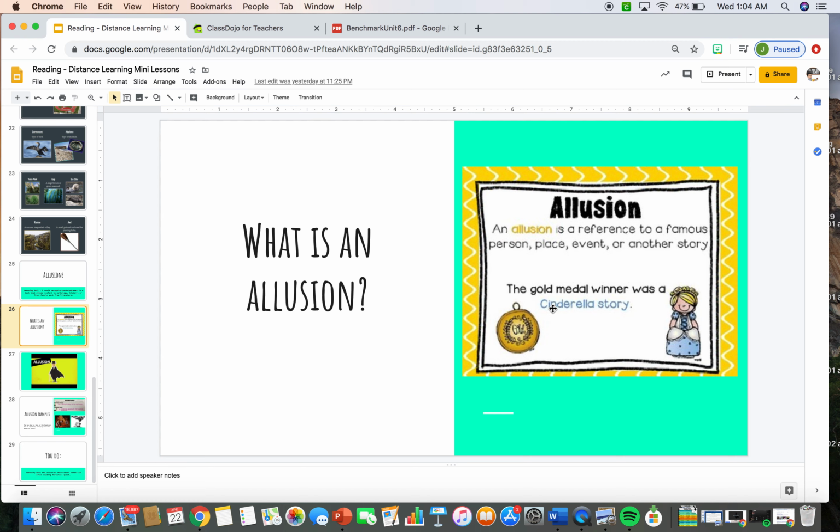And all of a sudden, at the end, something really good happened. And we know that because we can refer back to the story Cinderella story. All right. So that's what an allusion is. It's a reference to a story, a person, a place, or an event, and it helps us understand what it means just by using the words Cinderella story.